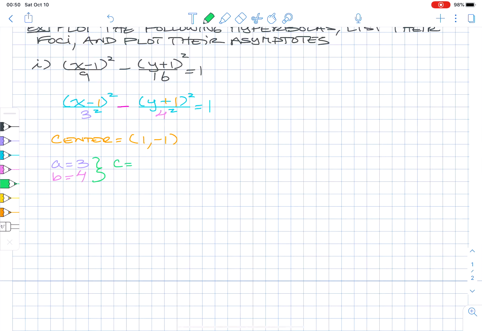So what is little c? Little c is going to be the square root of a squared plus b squared, so that's 9 plus 16. Notice I created that on purpose. So c is the square root of 25, which is 5.